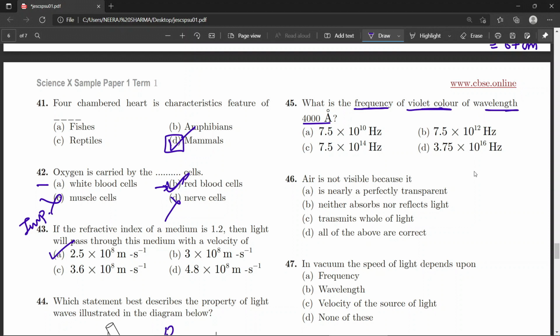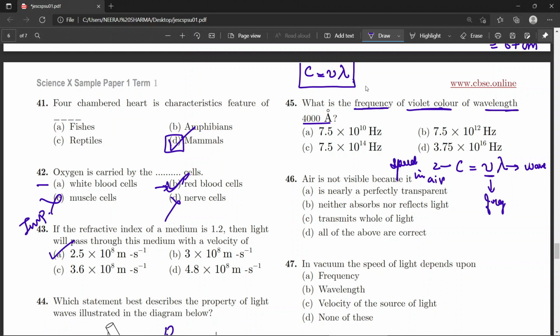All right. The formula is c is equal to nu lambda, where nu is the frequency of light, lambda is the wavelength, and c is the speed of light in air. Okay, so this formula, c is equal to nu lambda, is an extremely important one.